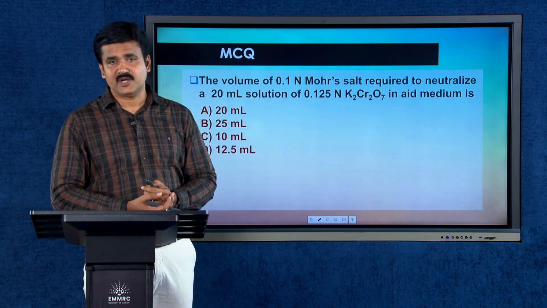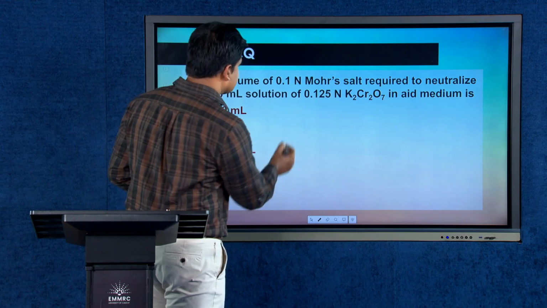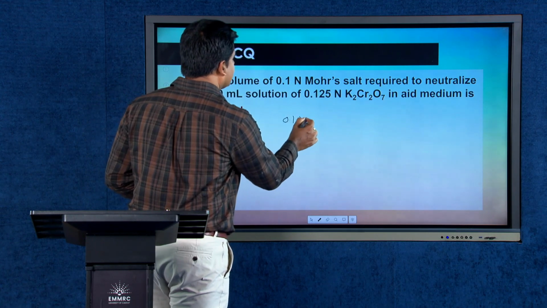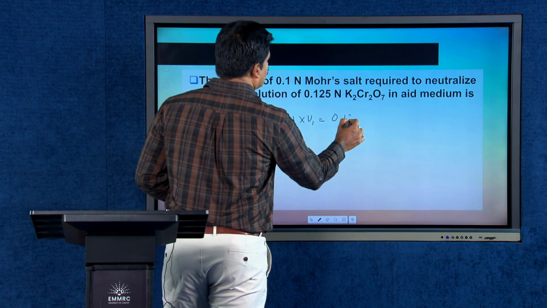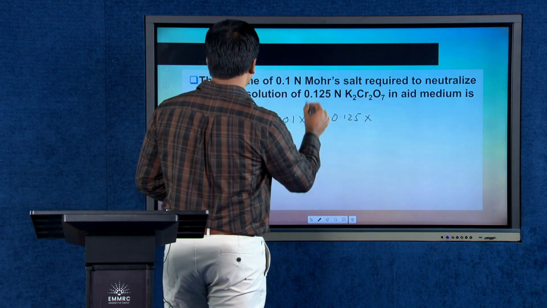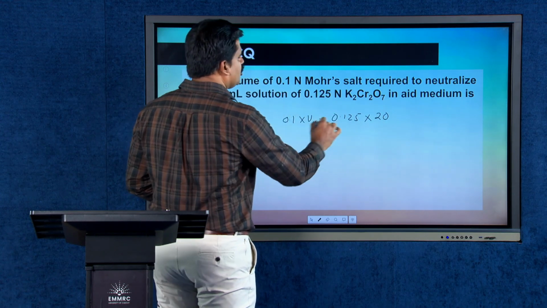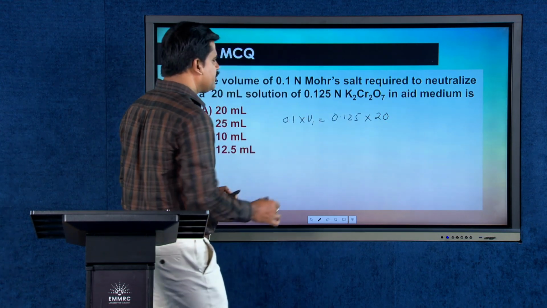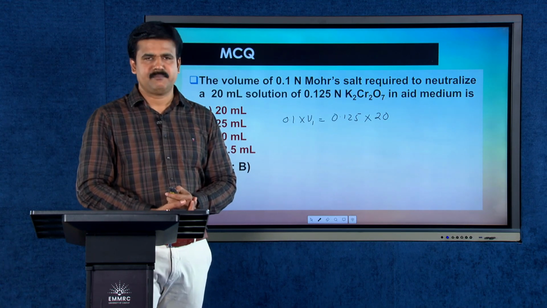So, V1 is unknown. N1 is equal to 0.1. So, you have to use 0.1 multiplied with V1 equal to 0.125, that is N2, multiplied with V2, and V2 is equal to 20. In order to get V1, you have to divide this quantity by 0.1 and you will get the final answer as option B, that is 25 ml.